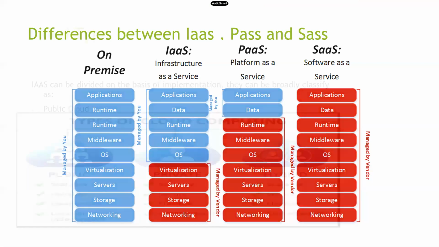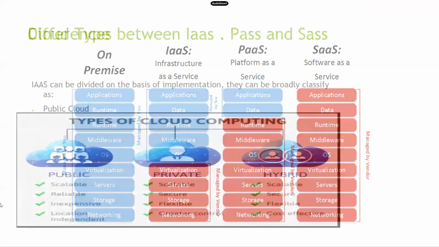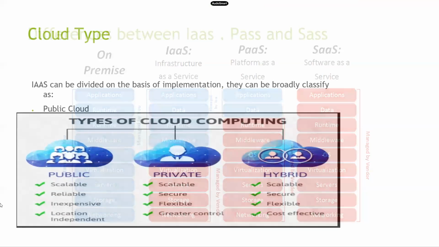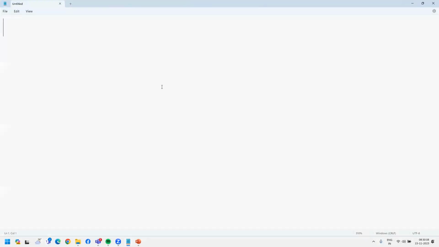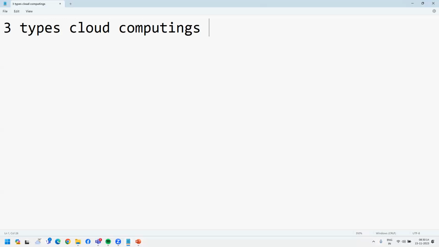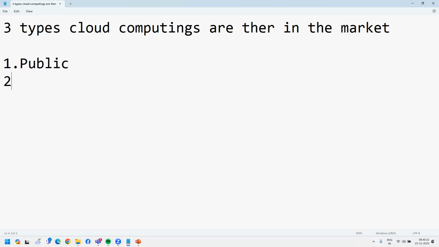Next, there are three types of cloud computing in the market. What are they, guys? Public, private, hybrid. One is public, the other is private, and another is hybrid.